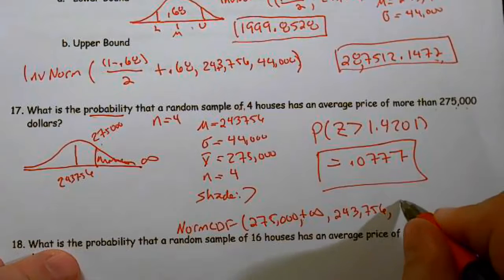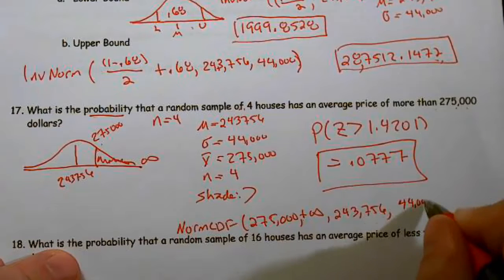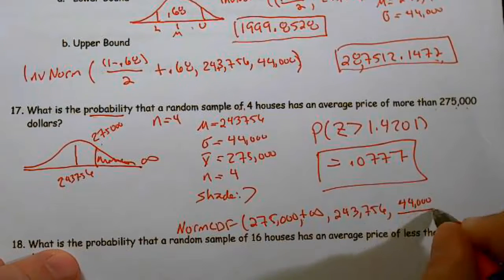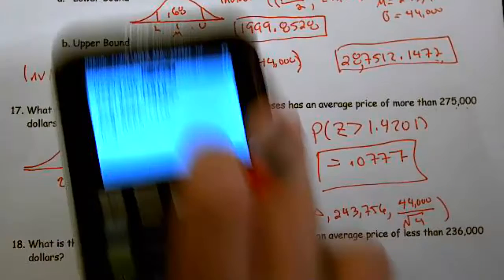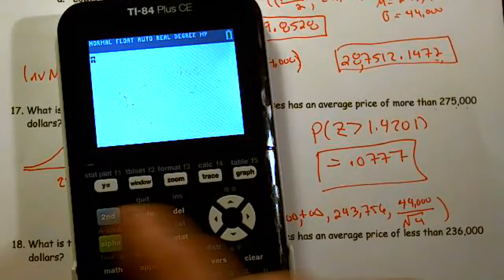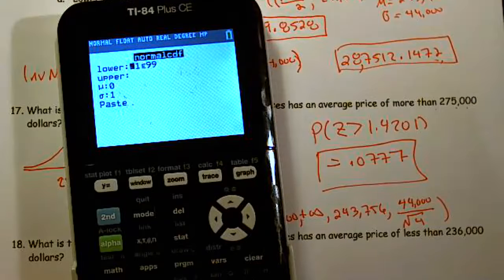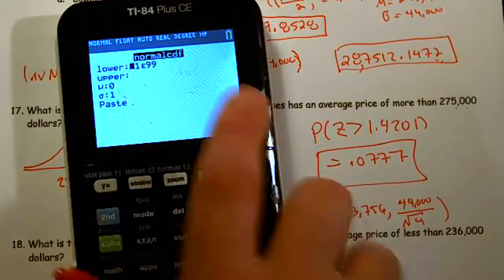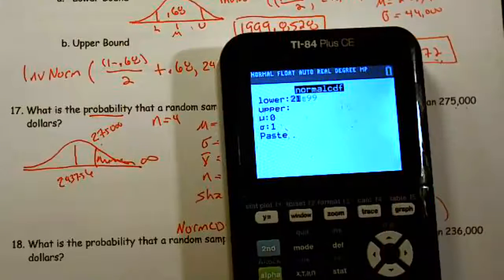The standard deviation is going to be 44,000 divided by the square root of 4. So if I'd done the norm CDF, second vars, norm CDF, lower bound, the lower part of my shading was 275,000. The upper part of my shading was infinity, and you better have a whole lot of 9s on this one, otherwise it's not going to work right.